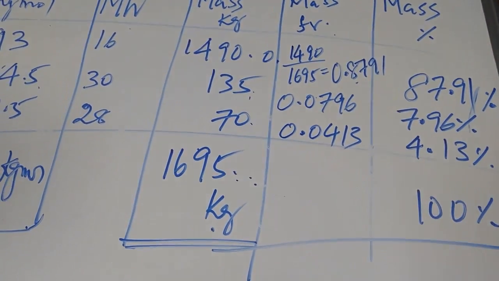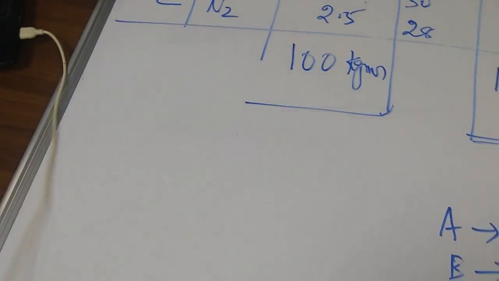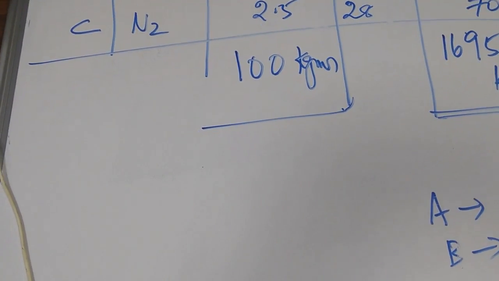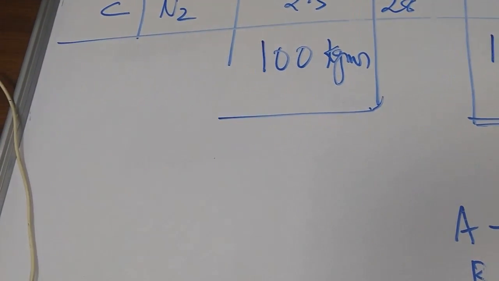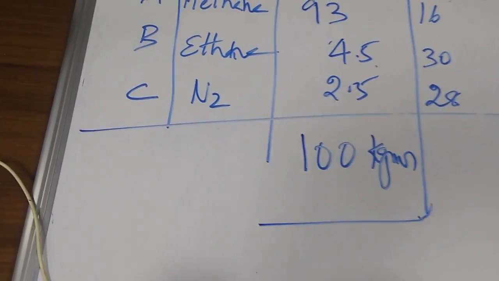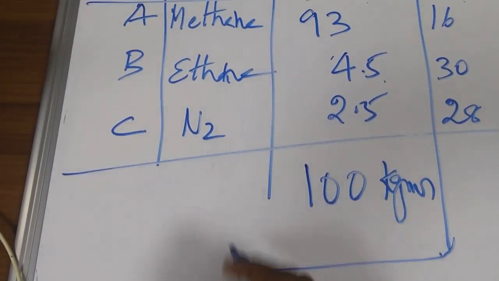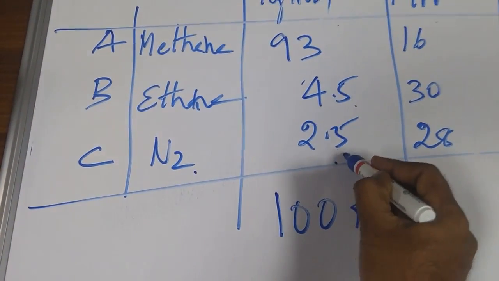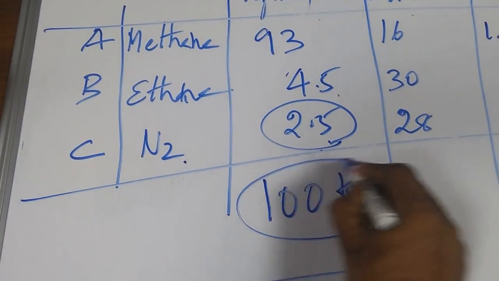The remaining thing left out is the A part: find the mole fraction of nitrogen. That's what I asked, right? Kg moles is 2.5. Total kg moles is 100.